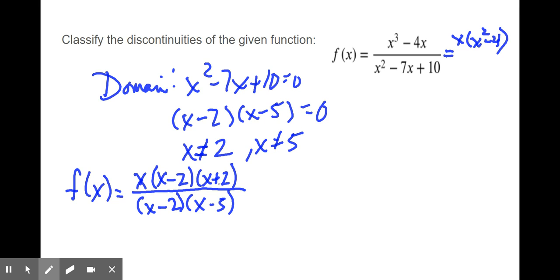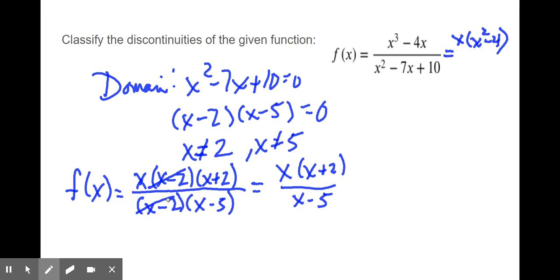Now conveniently, these will cancel. That's good. So what have we done? We have removed the discontinuity at x equals 2, because our function now looks like this, over x minus 5.